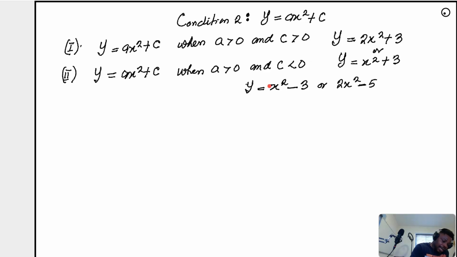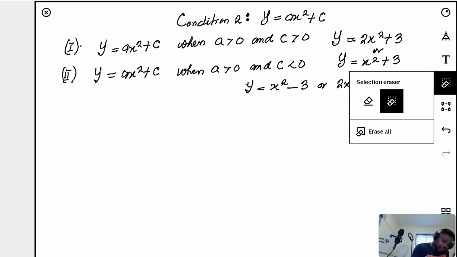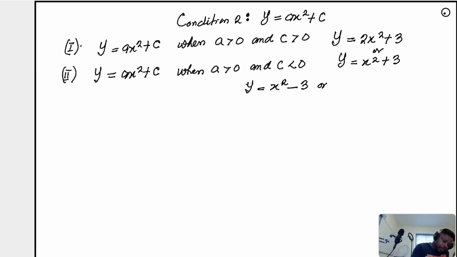Okay, let me put it well so that you don't get confused. Y is equal to 2x squared minus 5. So you can see a here is greater than 0, and c here is less than 0.